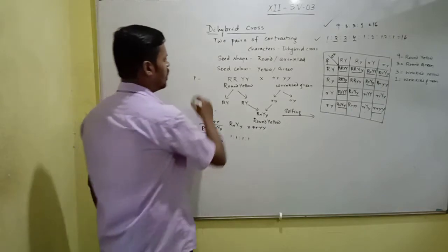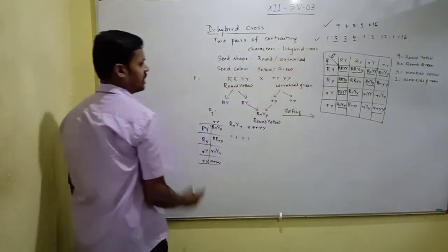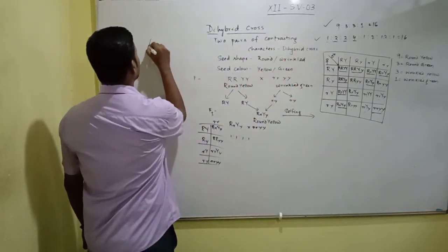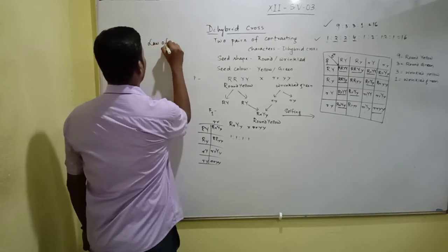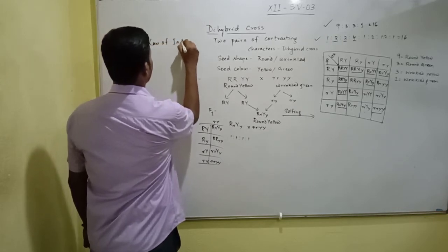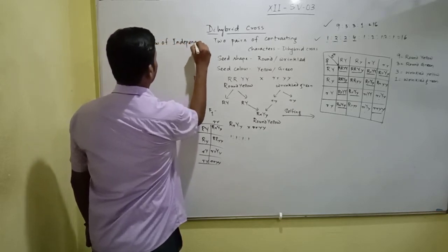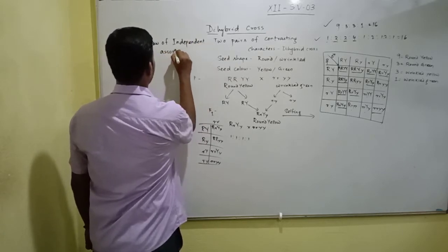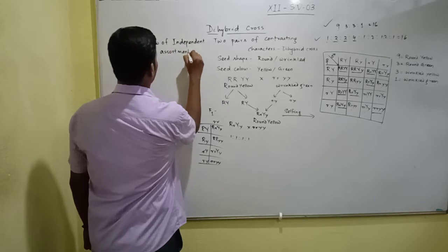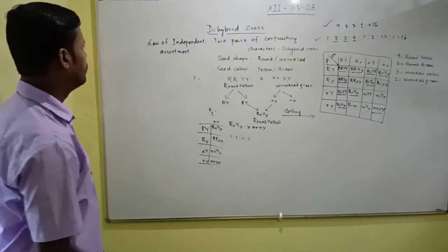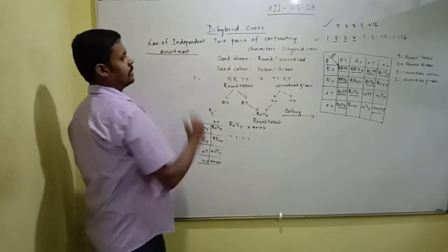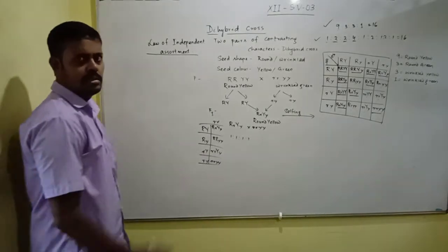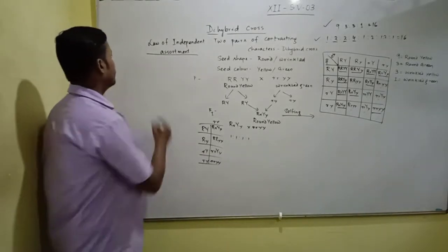So this is about your dihybrid cross. Dihybrid cross paved the way for the law of independent assortment. It is also known as the second law of inheritance.